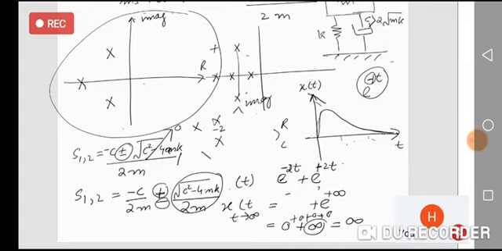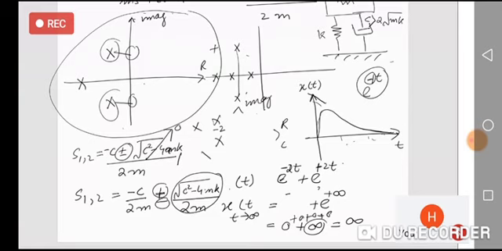Will it have oscillation or not? No, sir. There will be no oscillation. Because sir, on the left side, these two poles have imaginary values. Okay.